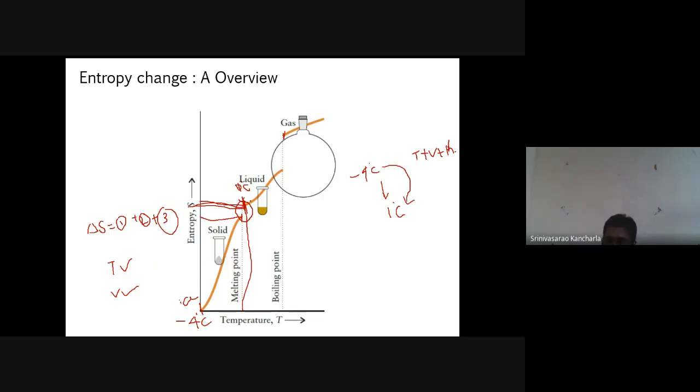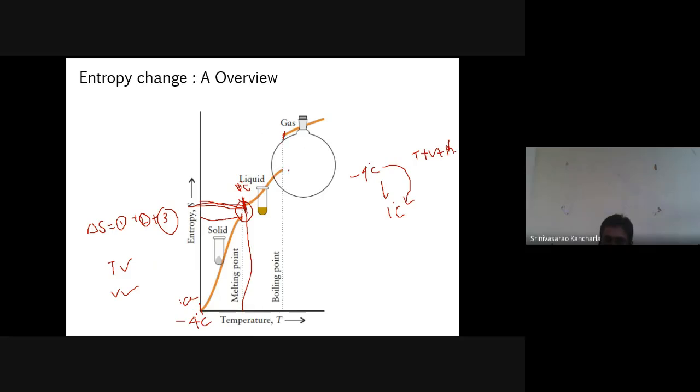You cannot directly calculate the temperature change from here to here because the volume change will be different. When your solid is just becoming liquid, the volume change will be very small. When the liquid is expanding there is a little change in volume, but here you will have a very appreciable change in the volume.